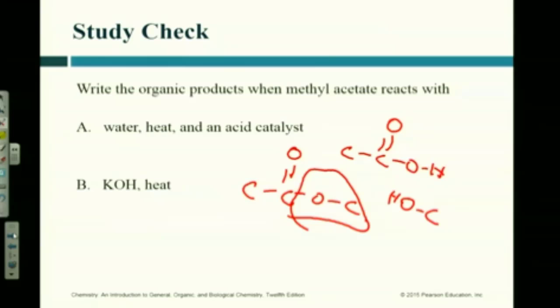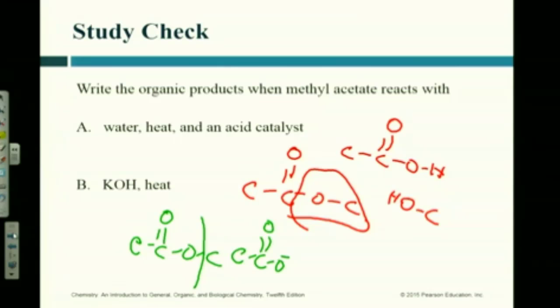Now let's think about what would happen if we did it under basic conditions. What do we get under basic conditions? We get a salt and an alcohol. Okay? Now this is negatively charged.